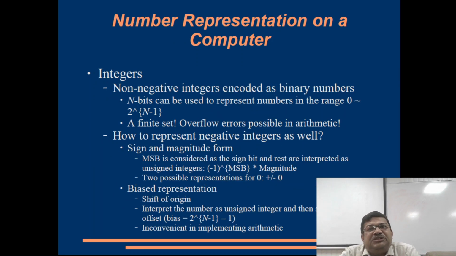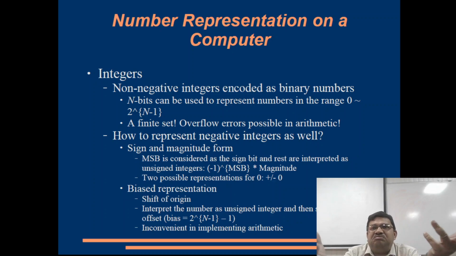So how are numbers represented on a computer? As we all know, numbers can be broadly of two types: integers and float, or real numbers, right? So let's look at integers. We can have non-negative integers encoded as binary numbers.